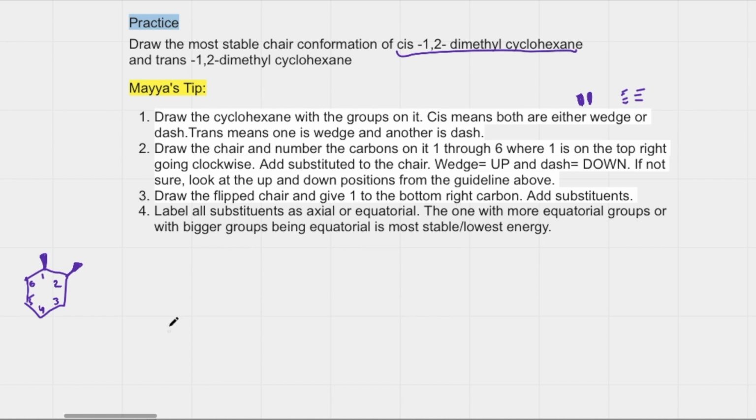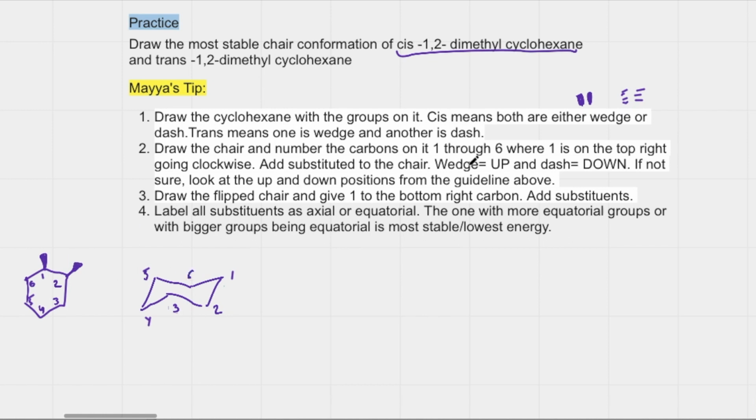Then I draw the chair, so let's go ahead and draw the chair. And number the carbons on it 1 through 6, where 1 is on the top right. So I go like this. 1, 2, 3, 4, 5, and 6.